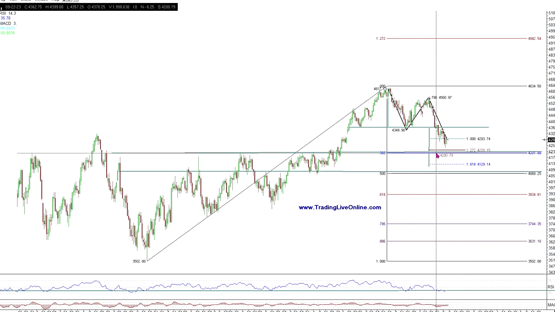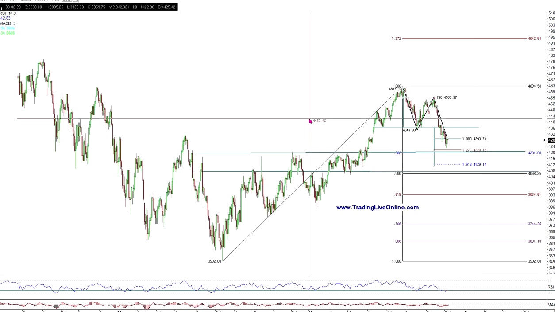So down around here, the market came through the 1.0, a little rally, a little test back up to this level. I will have to see what happens tomorrow. But the 4200 level, the 0.382 retracement from the October 2022 lows up to the highs this last summer in July, that's right at that 4200 level.